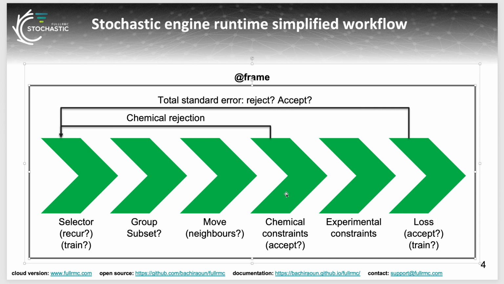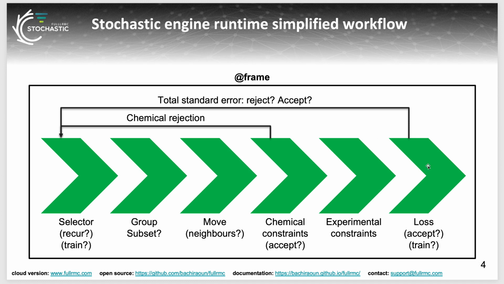When a chemical constraint is unlikely to happen or broken, the process stops and fullrmc's engine goes back to the initial step of the selector. If that process is approved, then the next step would be checking on the experimental constraints or the experimental observables that you are going to be providing.